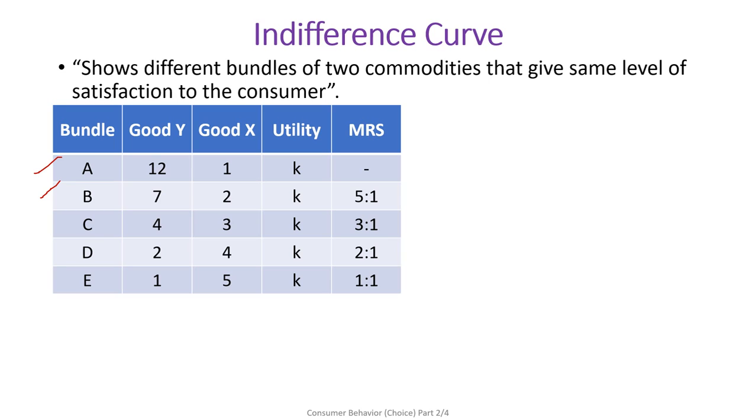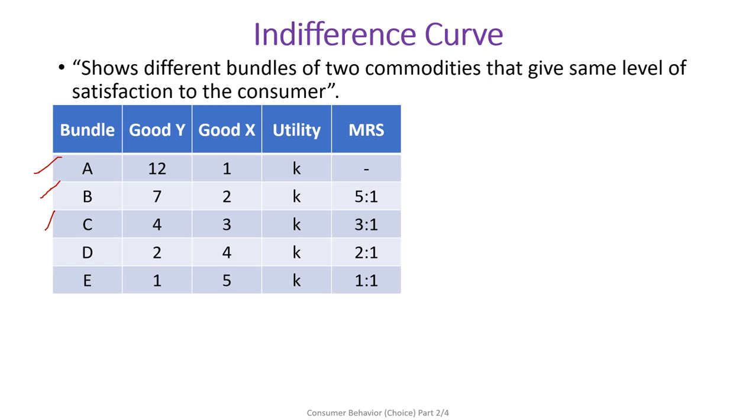However, to make it indifferent to the first bundle, we reduce some quantity of Y so that it also gives us the same level of satisfaction. In the third bundle, again, the quantity of good X is increased, but to make it indifferent to the first bundle in utility, the quantity of good Y is decreased, and so on.